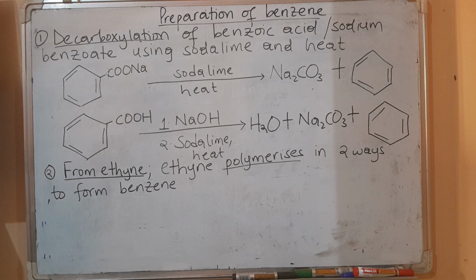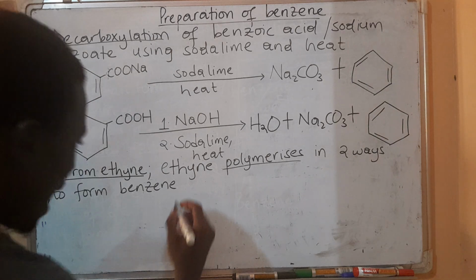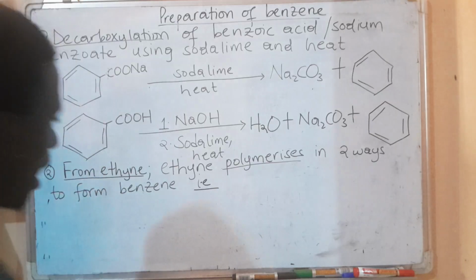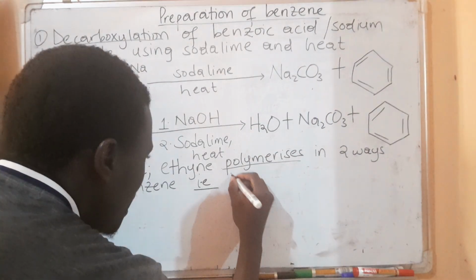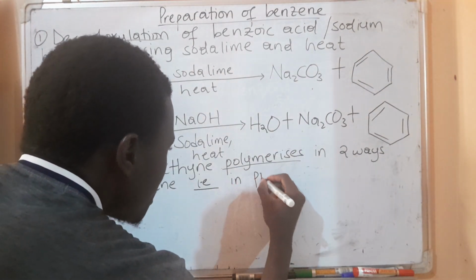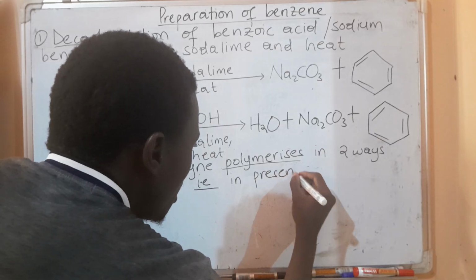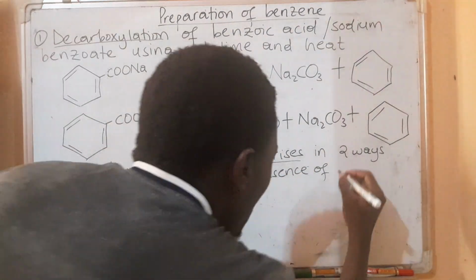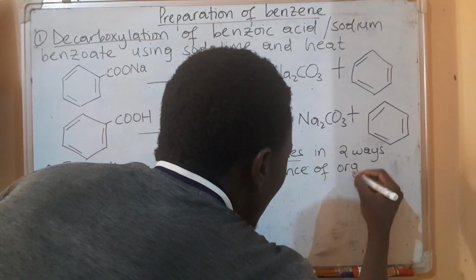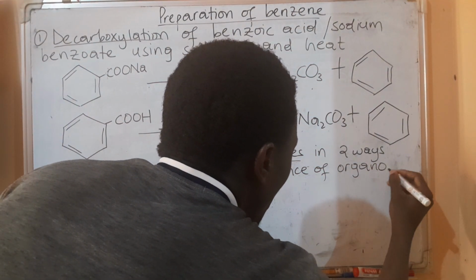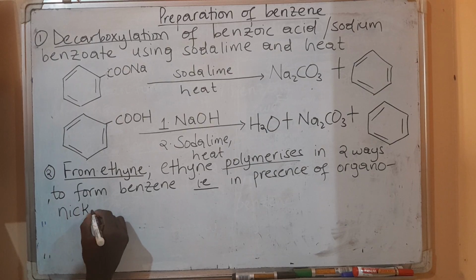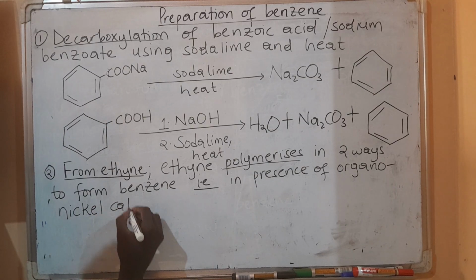So ethane polymerizes in two ways to form benzene, i.e. those two ways, it undergoes polymerization in presence of organo-nickel catalyst.